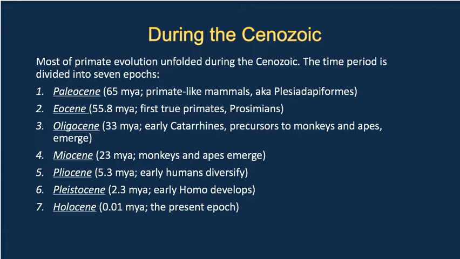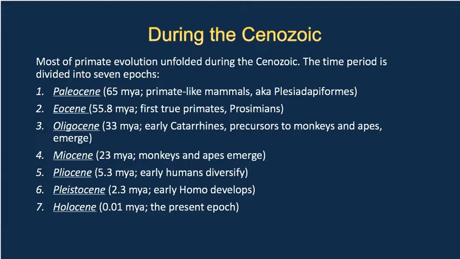Okay, so this is an overview of what's going on with primate evolution during the Cenozoic. The Cenozoic is the time period that we are currently in today. The Cenozoic is divided into 7 epochs that you see listed there. The first of which is the Paleocene, beginning at 65 million years ago.